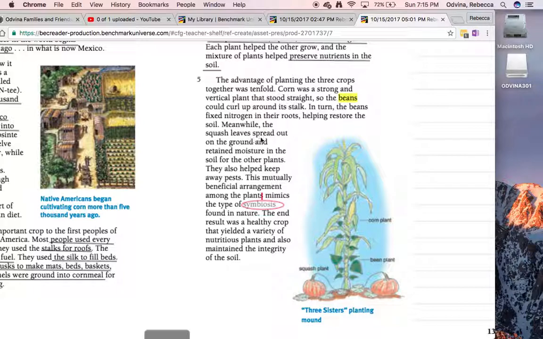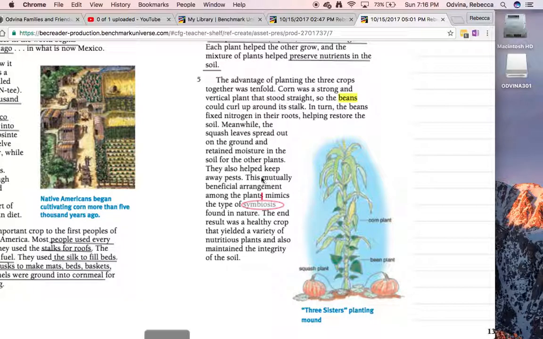Meanwhile, the squash leaves spread out on the ground and retained moisture in the soil for the other plants. They also helped keep away pests. This mutually beneficial arrangement, and mutually means that they work together, and beneficial means that it's good for everybody, arrangement among the plants mimics the type of symbiosis found in nature.